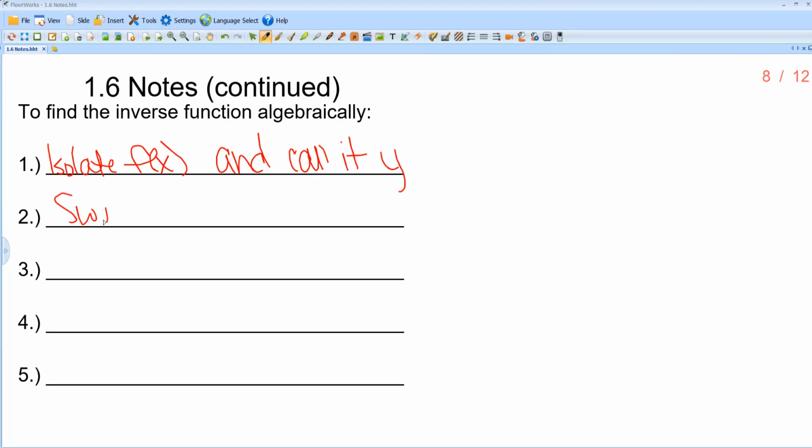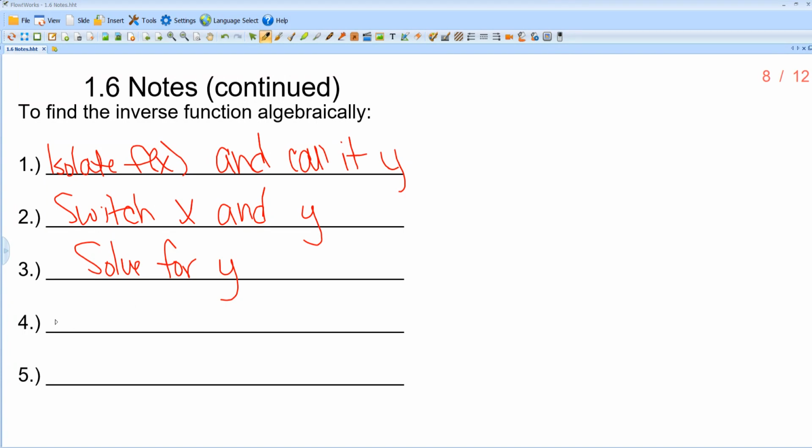Next, we're going to switch x and y. And I mean that truthfully. You are just, instead of it saying y equals, you're putting x equals. And then for the x, you're switching it with y. Then, it sounds stupid, but you're going to then solve for y. So you just switched x and y so that you can solve for y.